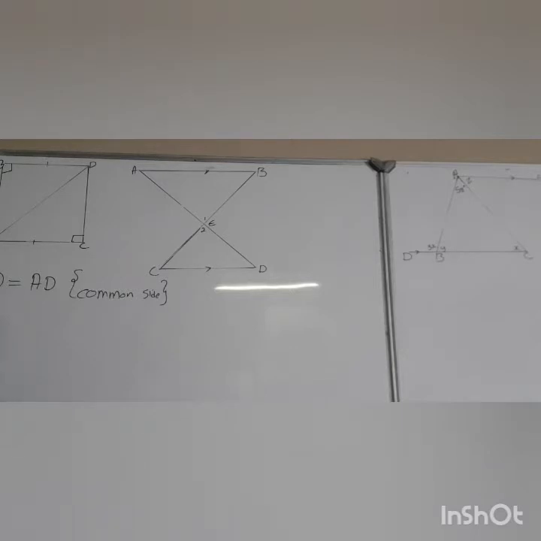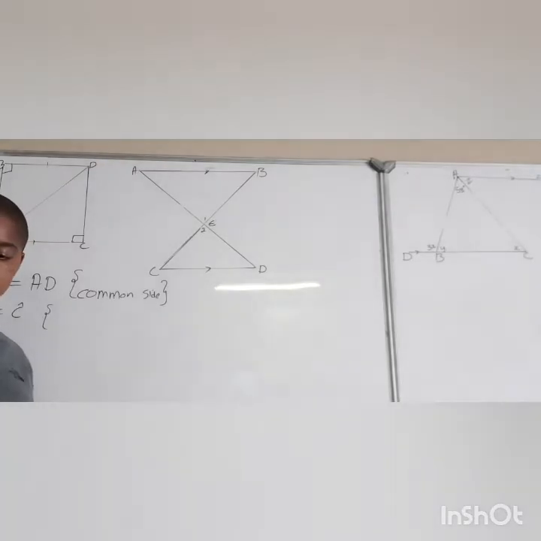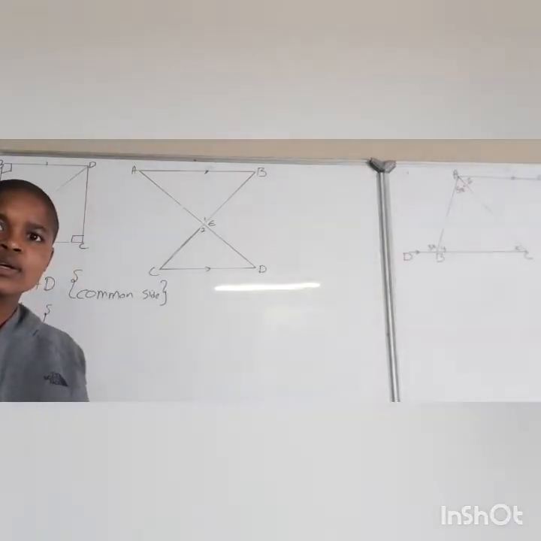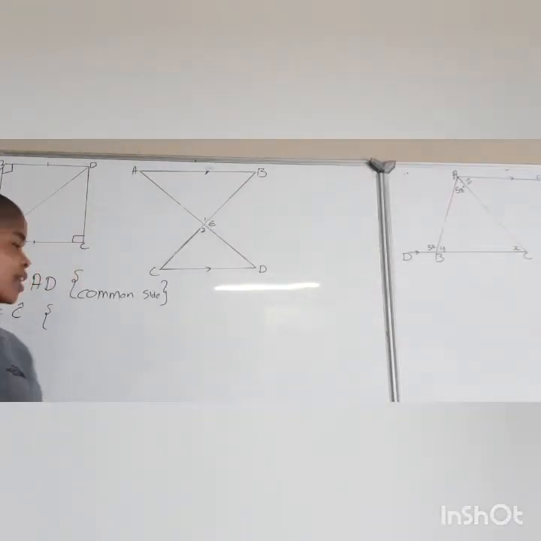Angle B is equal to angle C. The reason is given, right angles. Given right angle.